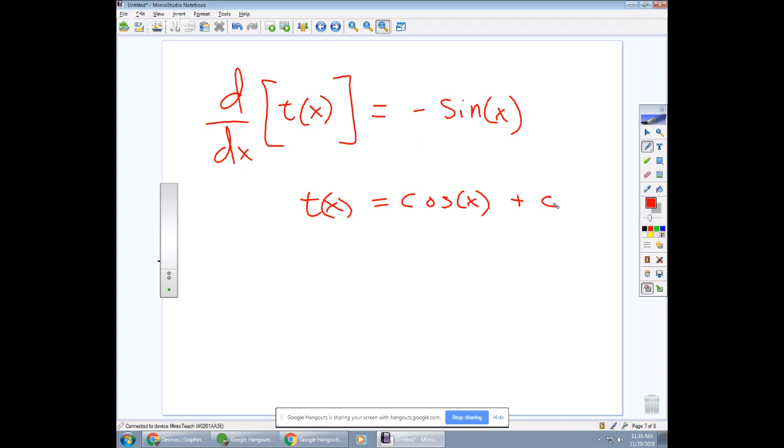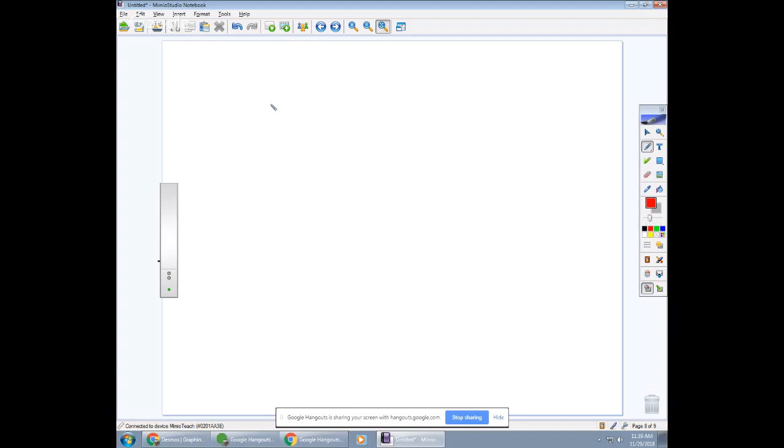Is it possible to take a second antiderivative? Yes, you can. It is possible to say the second derivative with respect to x of some function is equal to, let's call it, x.